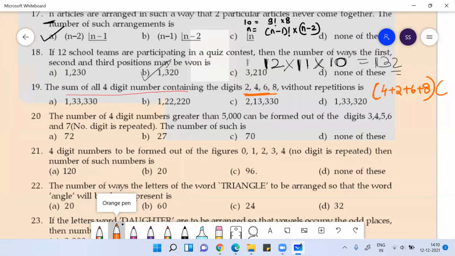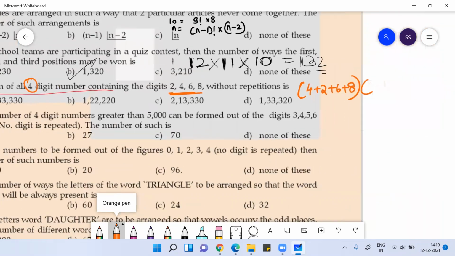To find the sum of all such numbers, the shortcut formula is sum of digits into n minus 1 factorial, into 1 written as many times as the places you want, 4 times, because you want 4-digit numbers. This is a shortcut formula.